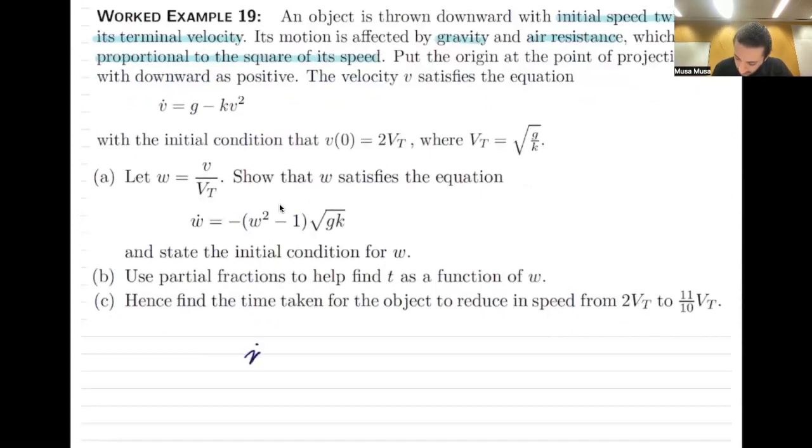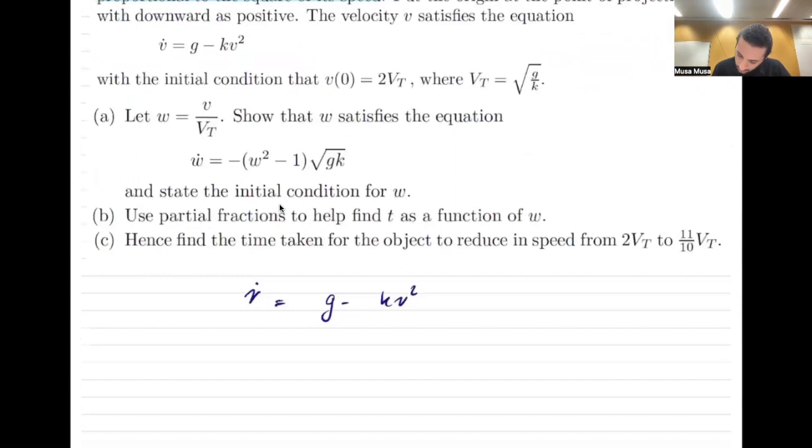It seems like we took v dot, which is equal to g minus kv squared, and we may have divided everything by vt. Because w dot, we're going to assume, is just v dot over vt, my bad. Okay. So it seems if I divide everything by that, that should work.